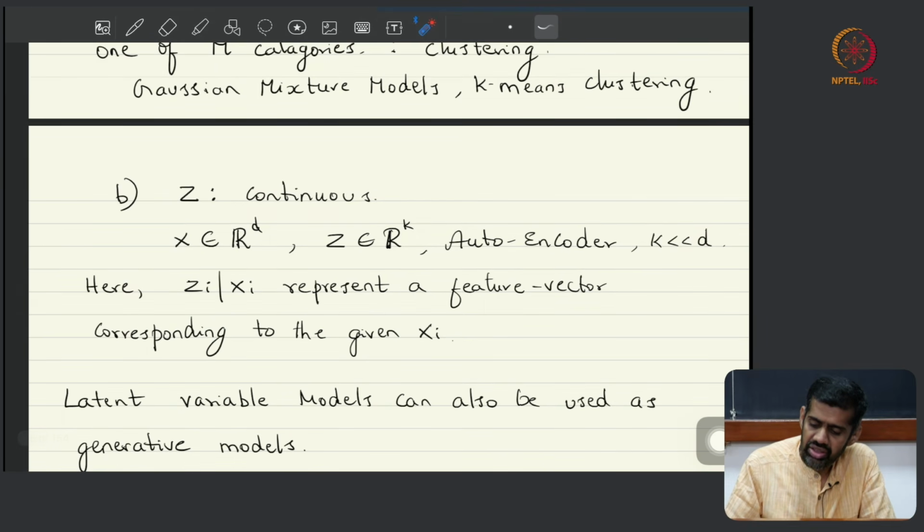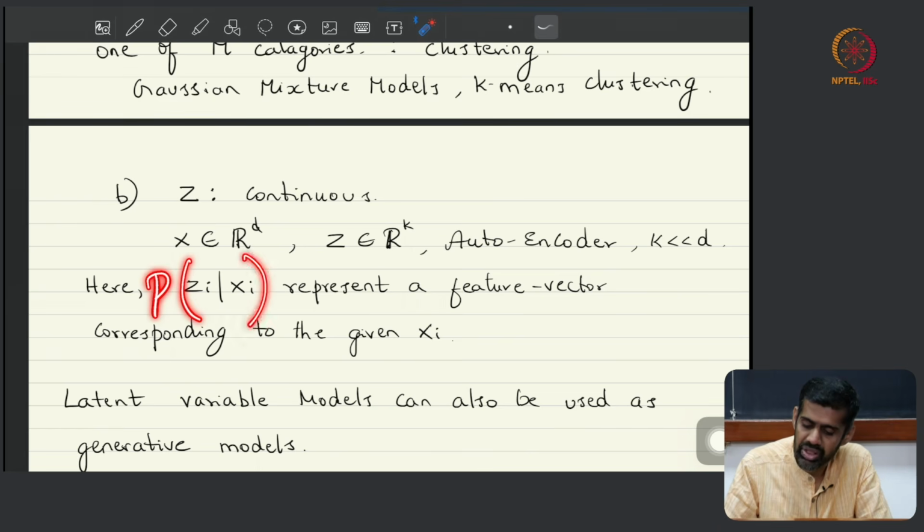If z is continuous, then z_i given x_i represents a feature vector corresponding to a given x_i. By the way, this is what is called an embedding. So, whenever you are extracting some embedding for data, essentially what you are doing is constructing a latent variable model and estimating z_i given x_i, or sampling from the distribution p of z_i given x_i. We will see that later in this class.